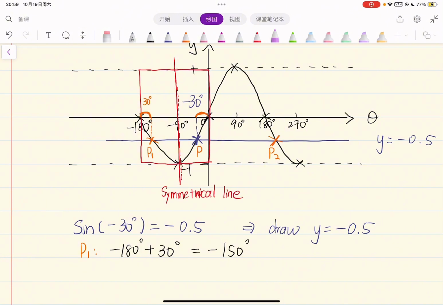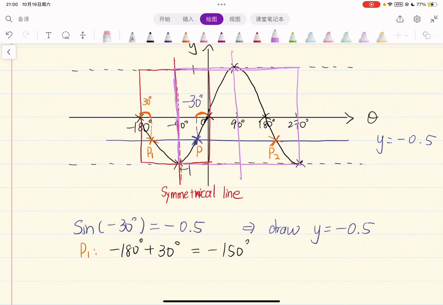If you look at the curve between negative 90 degrees and 270 degrees, in this part you can see that theta equals 90 degrees is a symmetrical line, right?